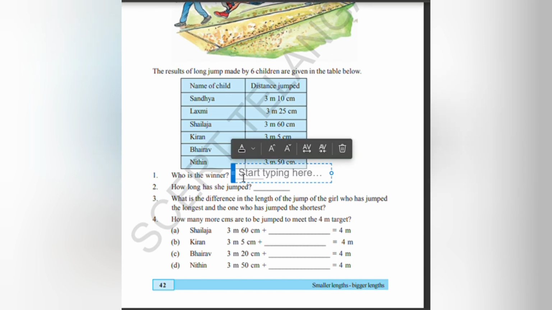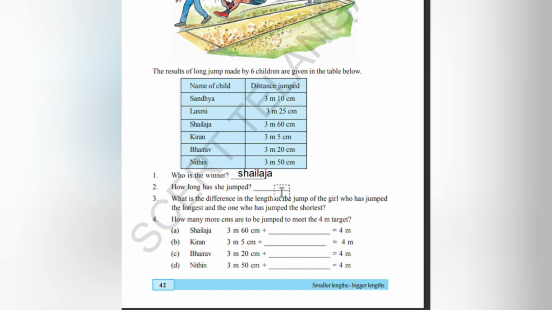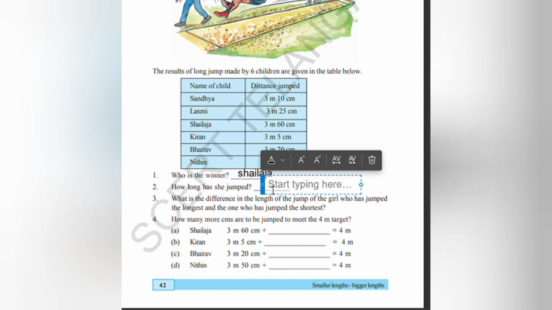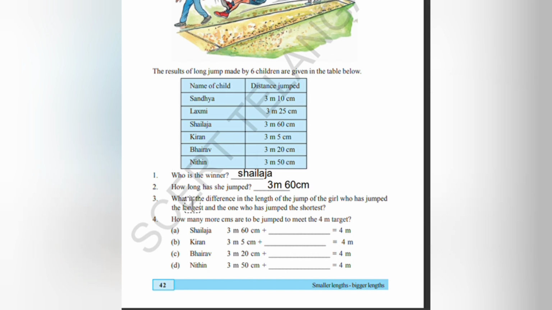So we have to write here as Shailaja. Then how long has she jumped? She jumped 3 meter 60 centimeter. What is the difference in the length of the jump of the girl who has jumped the longest and the one who has jumped the shortest?